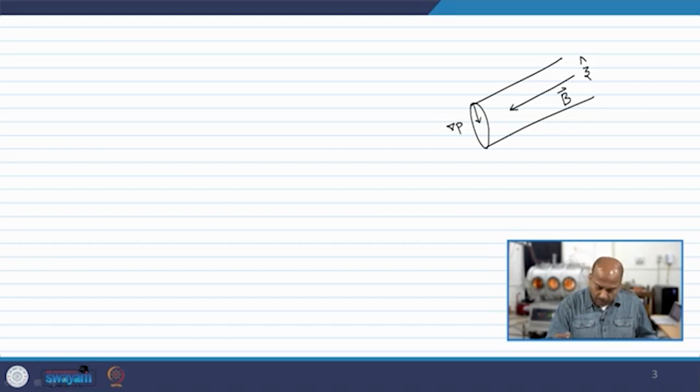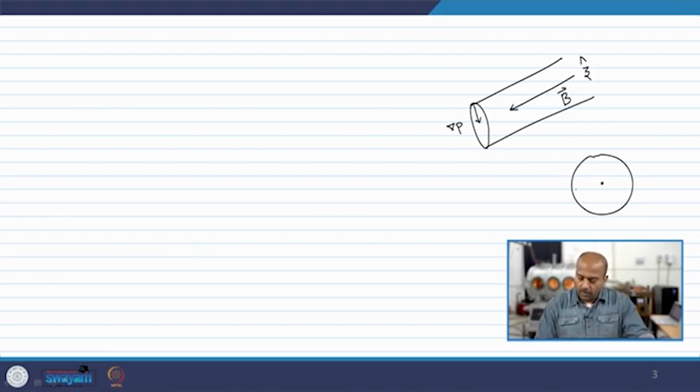So, del P, that means if you look at the cross section, this is the center, the pressure gradient is building up in this way. Gradient always points towards the increasing direction of the physical quantity. That means, as you go radially inwards, the pressure is increasing, right.